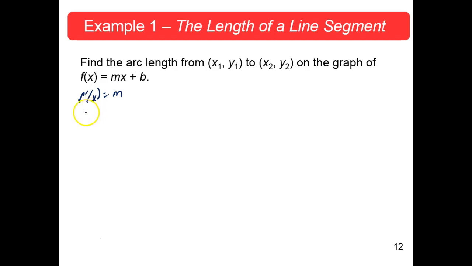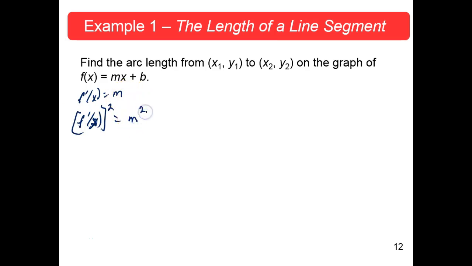What's the next thing we're going to do to that? Remember our formula? What happens to that prime in your formula? Squared. You're going to square it. So f prime of x squared is going to be what? m squared.